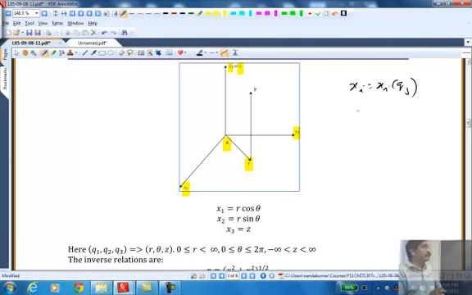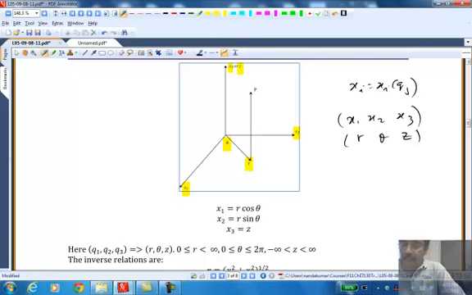In the case of cylindrical coordinates, that's fairly easy to see. x1 is equal to r cos theta. Remember, the two coordinates we are talking about are x1, x2, x3, and r, theta, and z. So r, theta, and z are equal to q1, q2, and q3 in the general case.